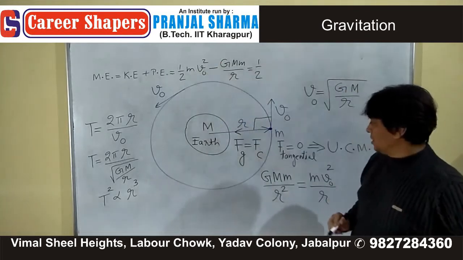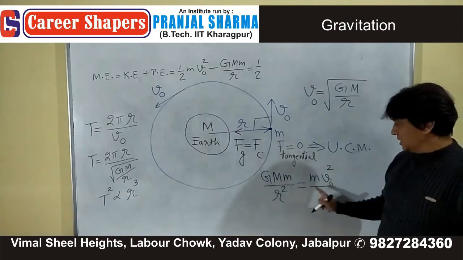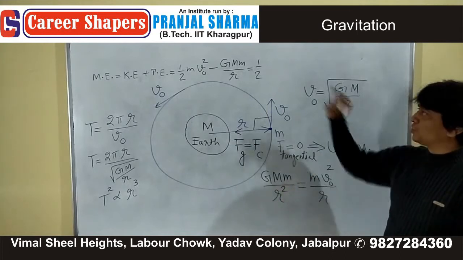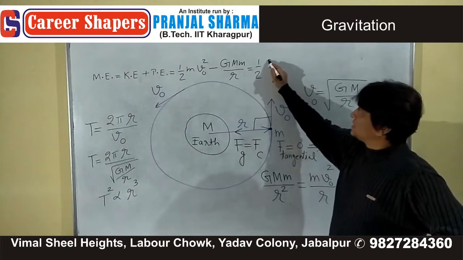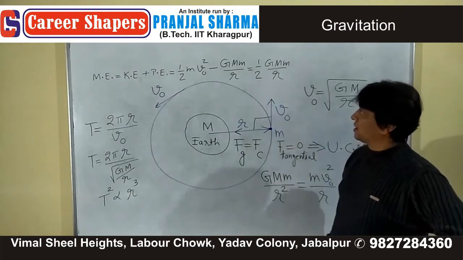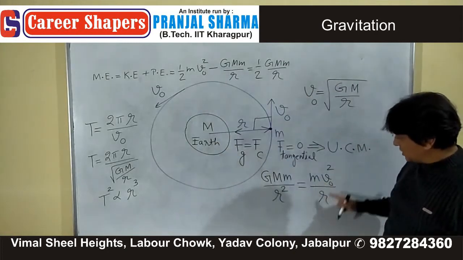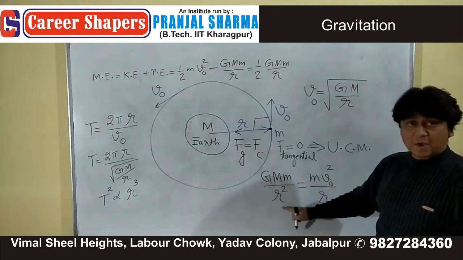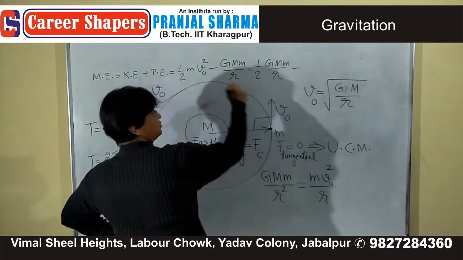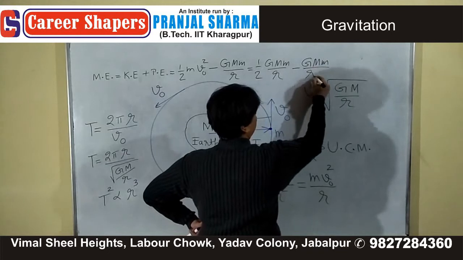Now you can see that this mv square, what is mv square? R and R cancel, mv square you can see is GMm upon r, or you can put value of v0. So you get GMm divided by r. mv0 square is GMm divided by r, minus of GMm by r.